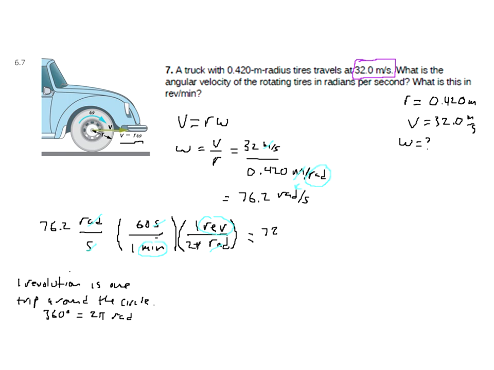That's going to be 728 revolutions per minute, and that's often abbreviated as RPM, where RPM means revolutions per minute.